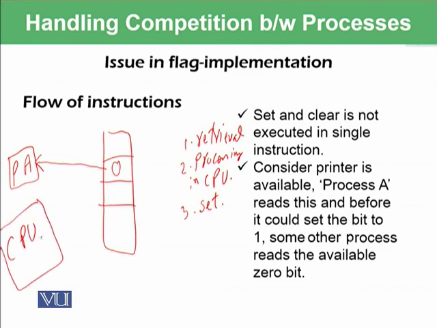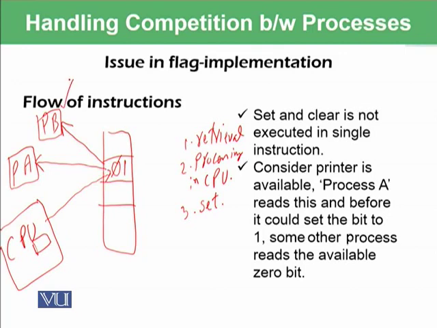So when process A was reading this bit and taking it into the CPU for processing in the registers, to see whether this bit is 0 or 1, at that time another process, process B, also read this bit. So process B also found it as 0. And at the same time, process A has evaluated that this is 0 and goes back and tries to set it to 1. But process B has already read it as 0.